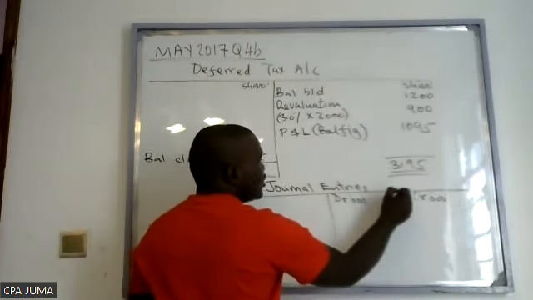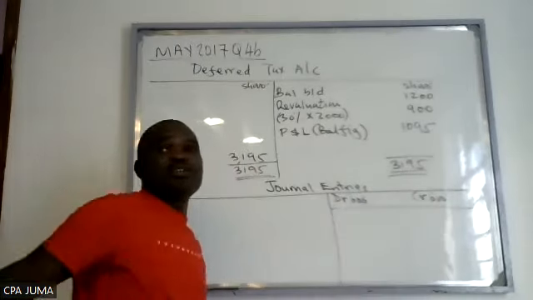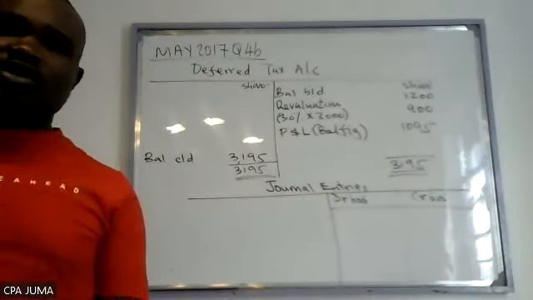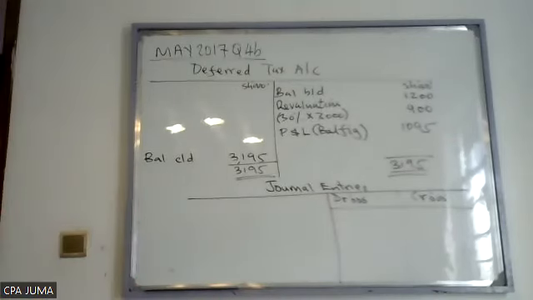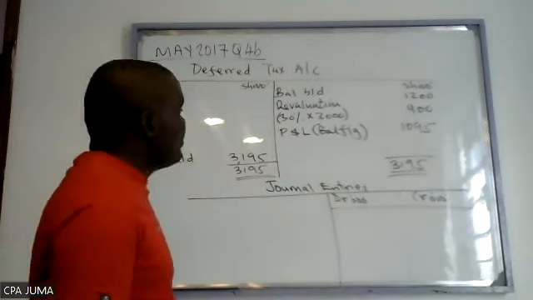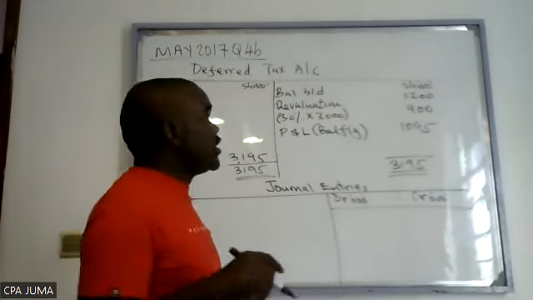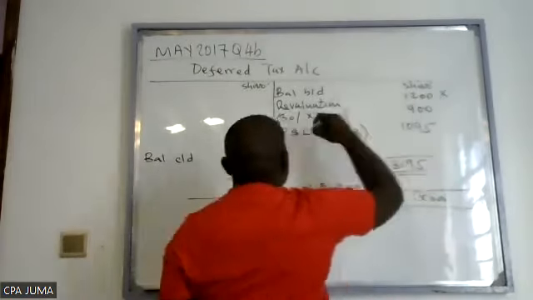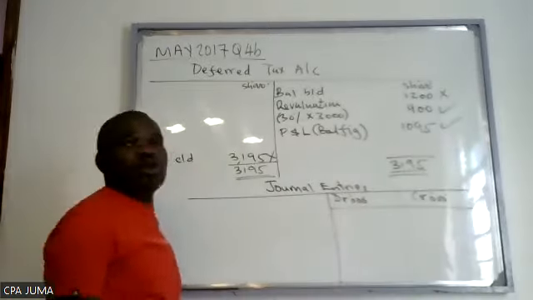Journal means which one to debit and which one to credit. Journalizing. So when you are asked for journal entries in the questions to come, you don't journalize the opening and closing. We don't journalize this one here. The ones which should go to the journals are those 2.